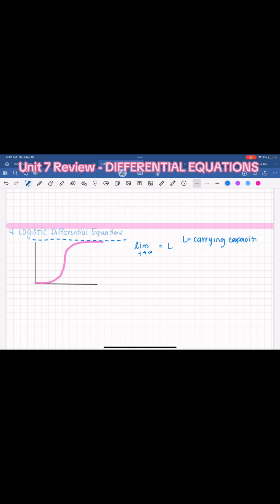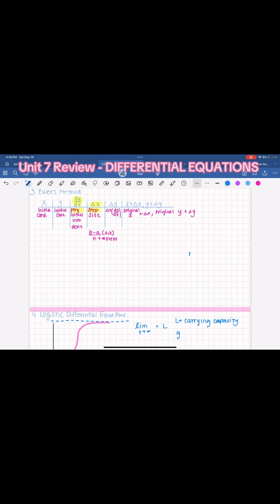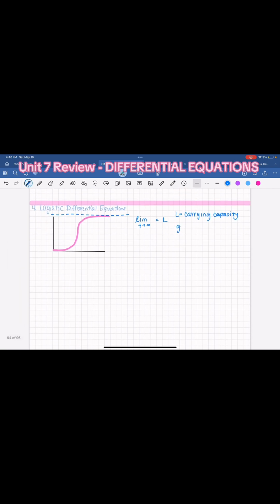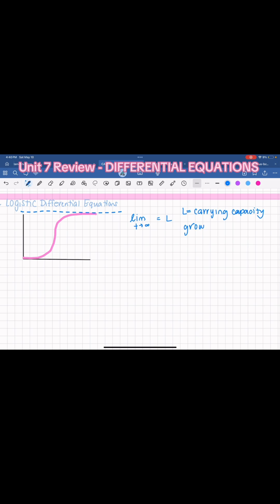Okay, we are growing the fastest at L divided by 2, which is the point of inflection.